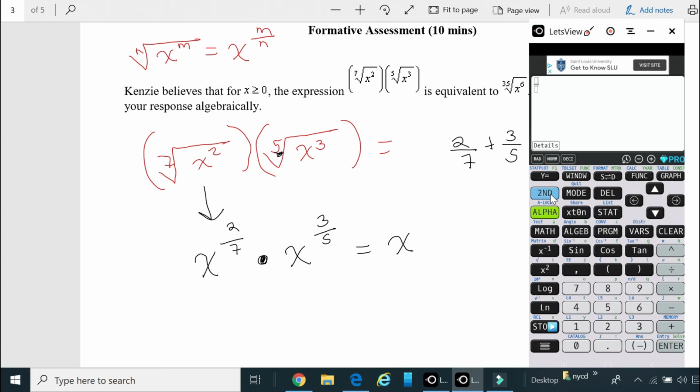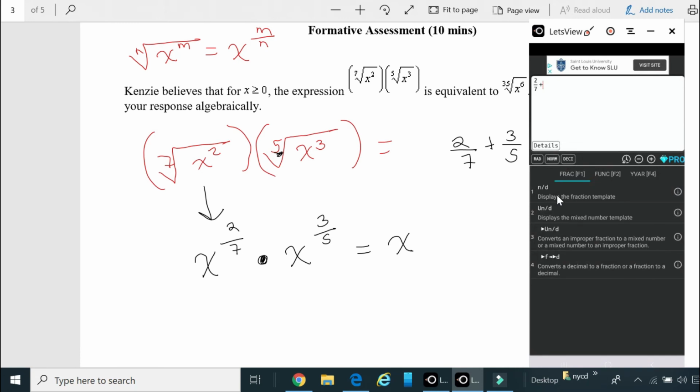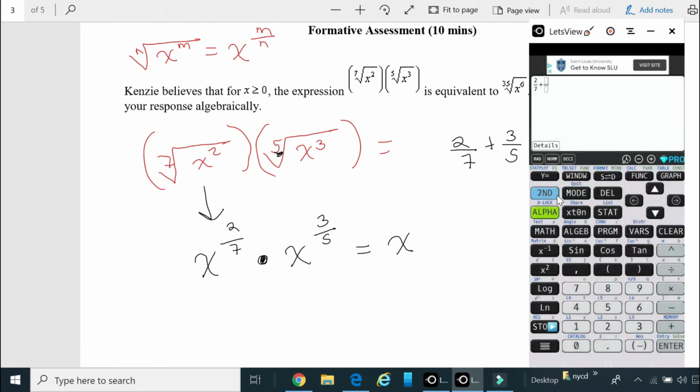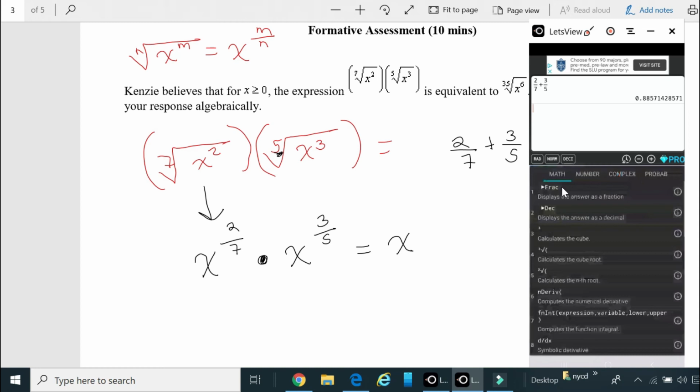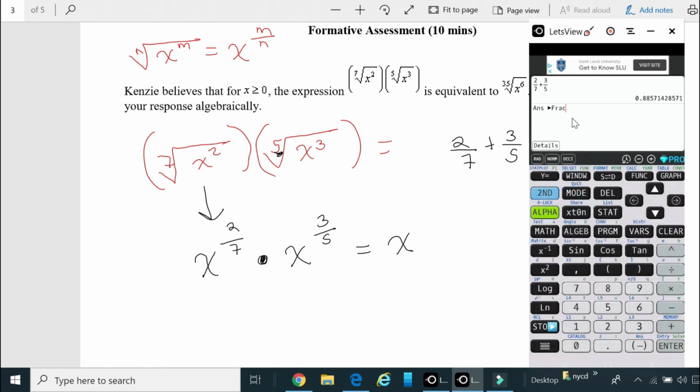Then I'm going to hit 2/7, then scroll over, then plus, then hit alpha again, y equals, then click on 1, n over d, and then it's going to be 3/5. Then I hit enter. Once I see that line on the bar, you're going to hit math again and click on 1, and it says answer frac. You can hit enter, and it's 31/35, like we got today.